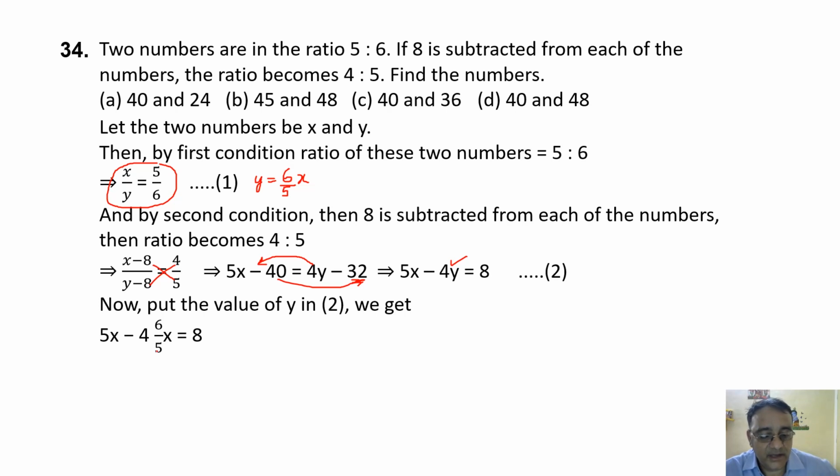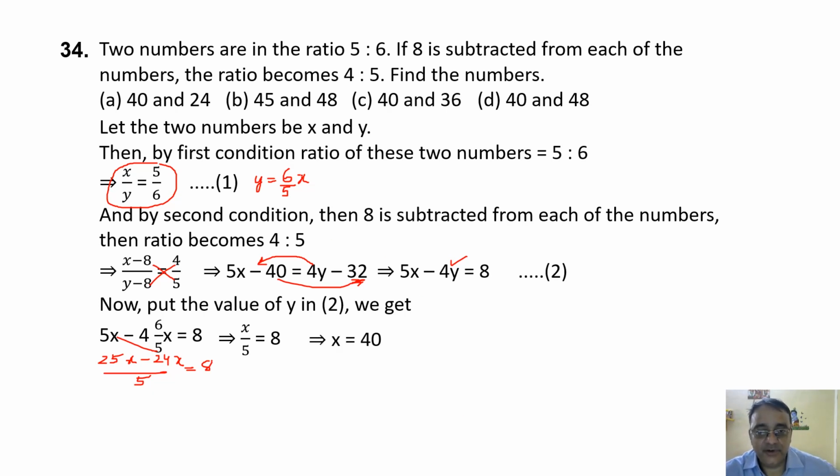Now take LCM. If you take LCM, you will get 25. Look, I am doing it here. 25x minus 24x divided by 5 is equal to 8. So we'll get x upon 5 is equal to 8 only. So what is the value of x? 40. 40, right.